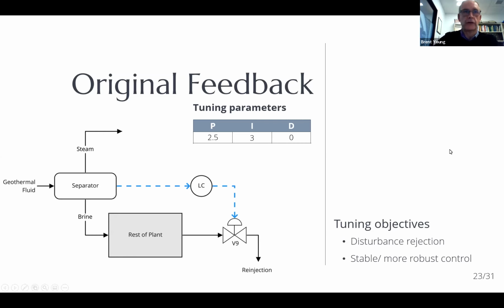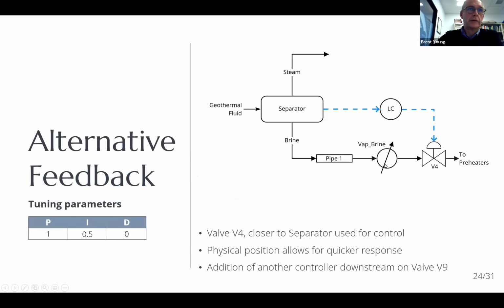So we were looking to get more robust control. The alternative was to move the control back to a valve located much closer to the separator to get a quicker response and minimize that dead time. And then the downstream valve could be used for something else.